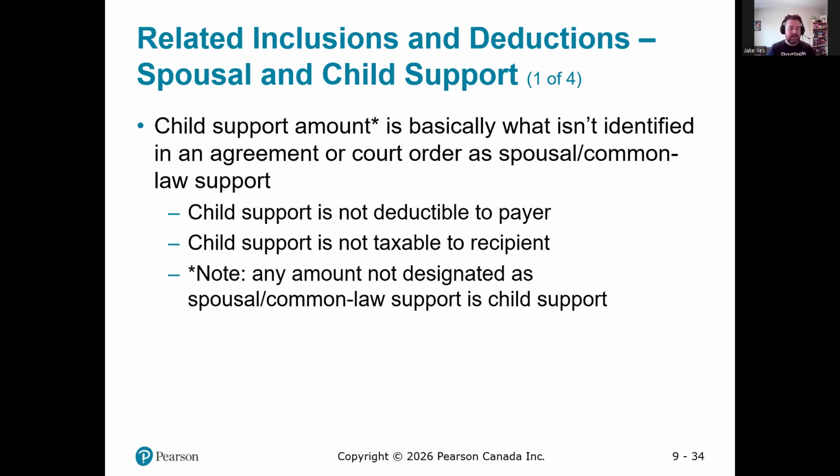It's something we've agreed to. It has to identify how much of the payment is child support and how much is spousal support, because if it says nothing, it's going to be assumed that it's all spousal support. So child support amount is what isn't identified as spousal support. By declaring that a certain portion of those payments are spousal, the rest of it must be child support.